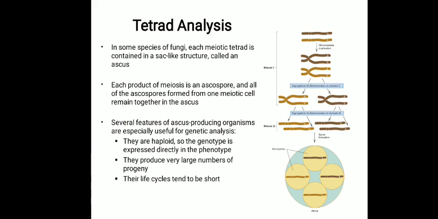Each product of meiosis is an ascospore. You can see in the diagram, in the ascus, each single circular structure, each product of meiosis, is known as an ascospore, and the ascospores formed from one meiotic cell remain together in the ascus.